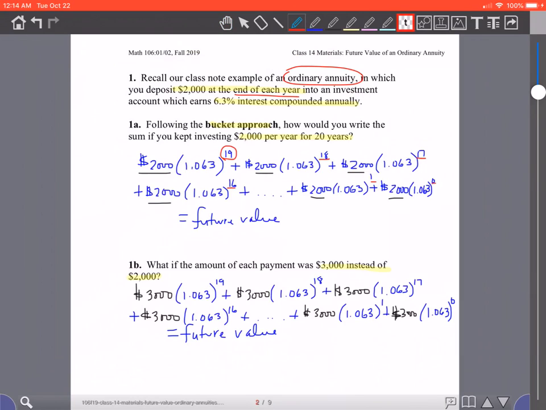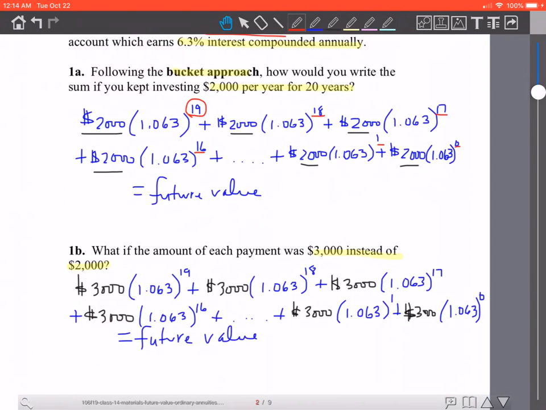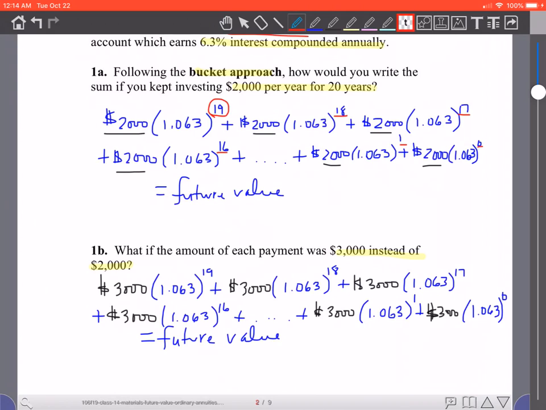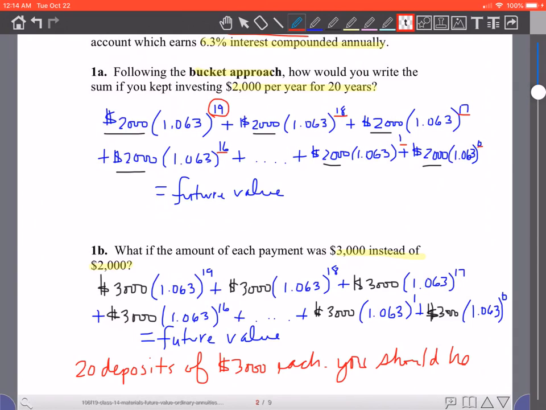Now remember, we have a way to predict about how large this annuity future value should reach, because if we're making 20 deposits of $3,000 each, you should have at least how much money? 20 deposits of $3,000 each.